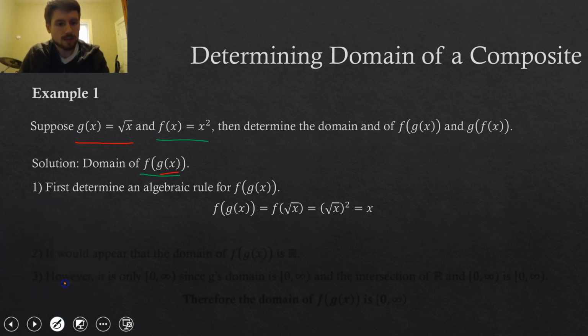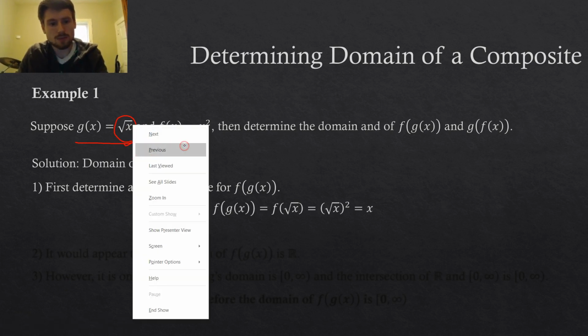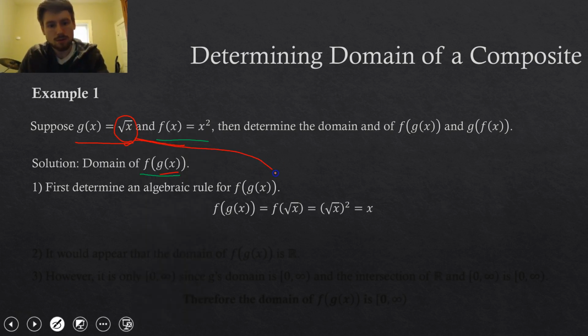So we're going to take this rule and replace that. So that goes inside of our f function. And what's the f function do? Well, it squares things. So when you square the square root, you get what was inside of it. So this just gives you x, right?